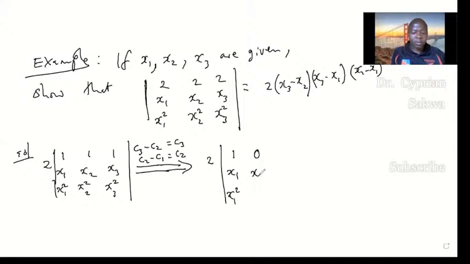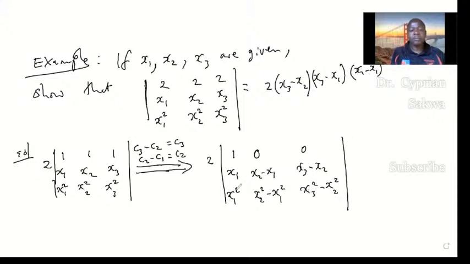would give me 0 in this position, x2 minus x1 in this position, and x2 square minus x1 square. What about column 3 minus column 2? It will give me 0 in this position, x3 minus x2, and x3 square minus x2 square.